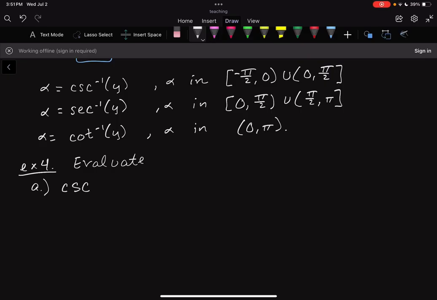So let's do cosecant inverse of square root 2. And then I'll do 2 of these type. Let's do cotangent inverse. We'll do negative square root 3.